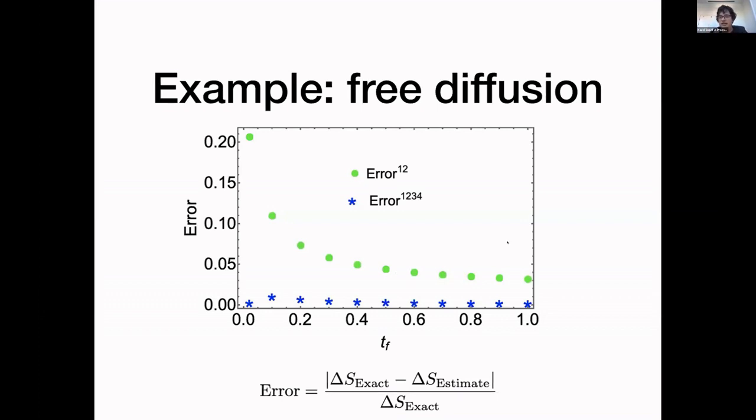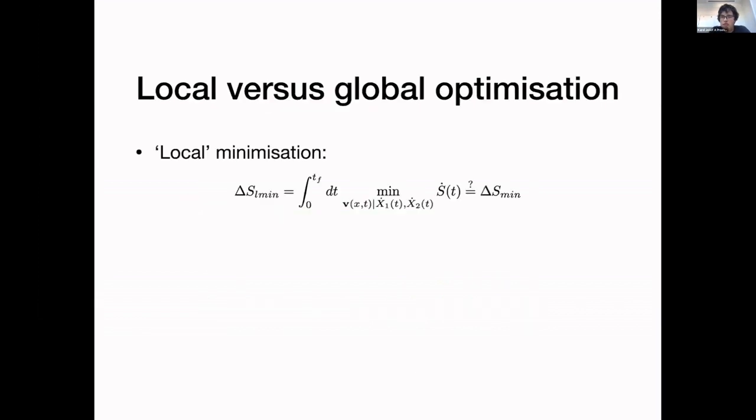But you can see in general that even with just using the first 2 moments, you already get an error of only 5% of the real entropy production. And then if you add 4 moments, you go easily below 1% difference from the real entropy production in this simple system. So it turns out it works quite well.